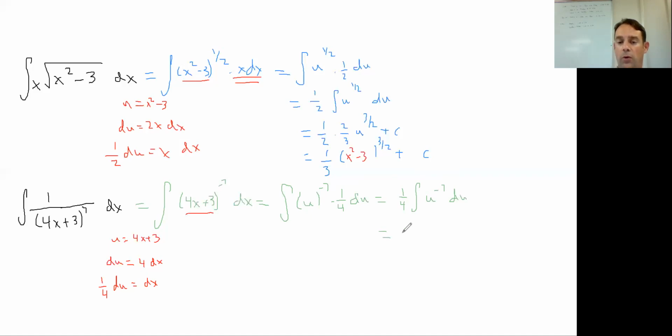All righty, so we have 1/4 times u to the -6 over -6 plus c. So -1/24 u to the -6 plus c. And our u value is 4x plus c. Plug it back in. All righty, so hopefully we're feeling pretty good about this.